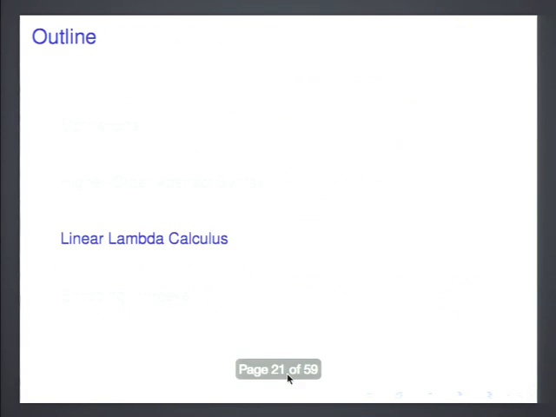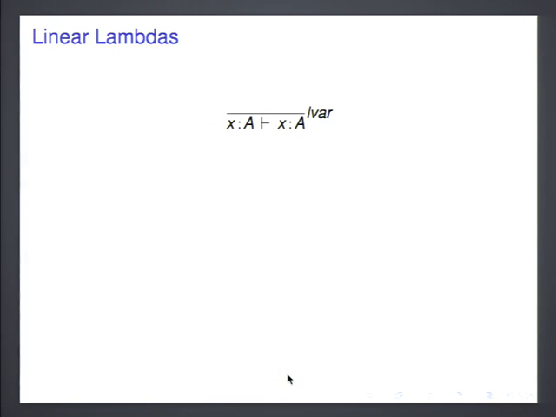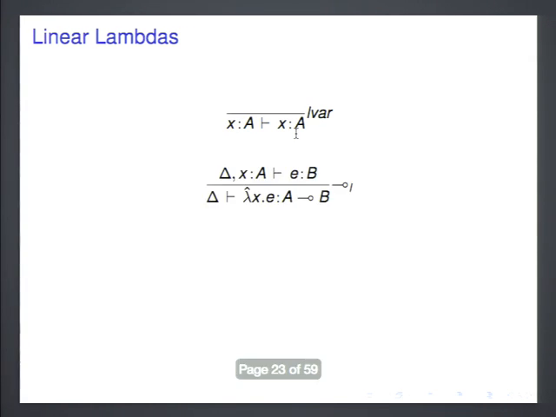Okay. So now we'll talk about linear lambda calculus. The basic idea is you can use your variables exactly once. So you have a context, and again, it's a set, except for the linear variable rule, you can only have one thing there, and that's the thing that you can use, all right? For linear functions, you just introduce a linear variable to the linear context.